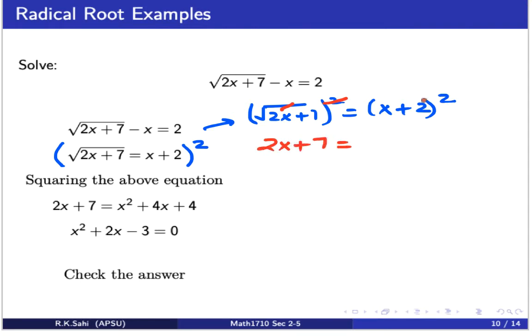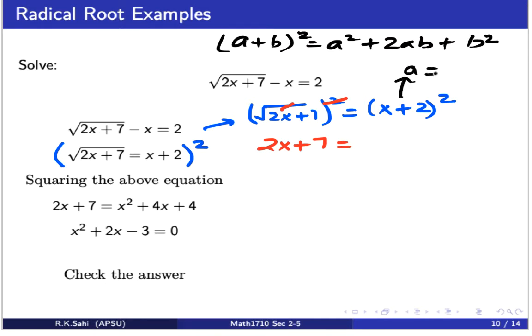Now let's look at the right hand side. If you remember the formulas, let's write down the formula. A plus b the whole square equals a square plus 2ab plus b square. So in our problem here, the a is x and your b is 2.